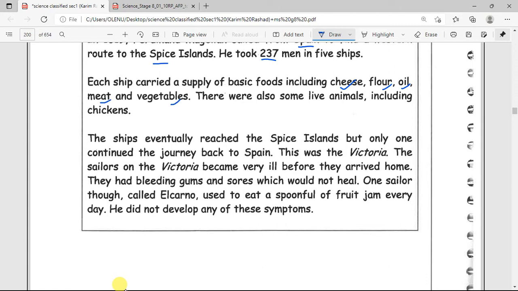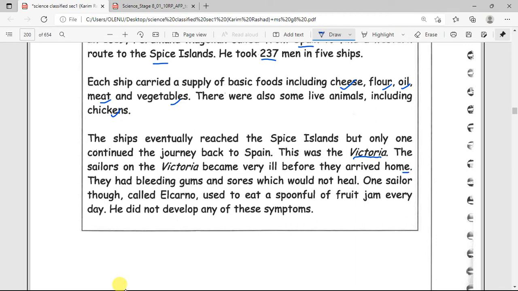There were also some live animals, including chickens. The ships eventually reached the Spice Islands, but only one continued the journey back to Spain. This was the Victoria. The sailors on the Victoria became very ill before they arrived home.